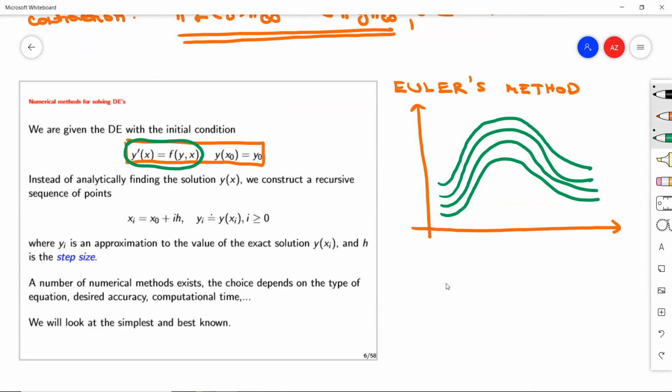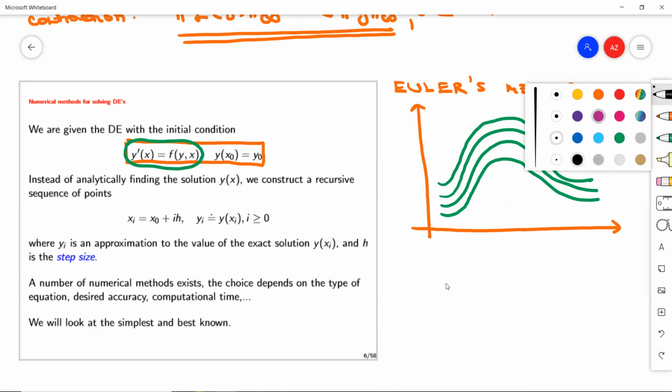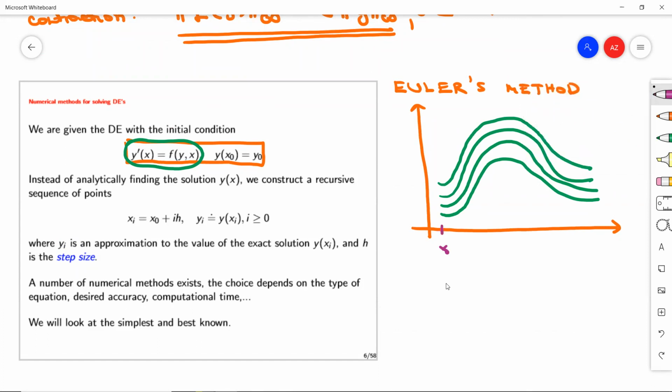And now we will use the initial condition. Let's say that at x0, the value is y0. So we are at this point, and we would like to determine this curve, the upper, highest green curve.